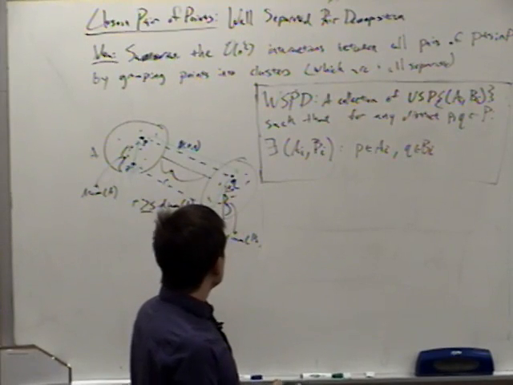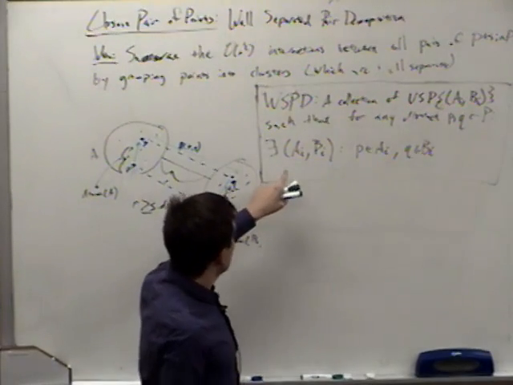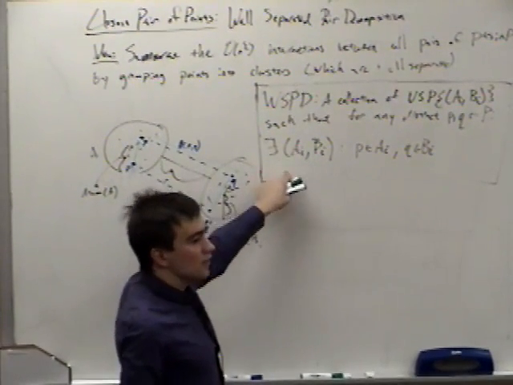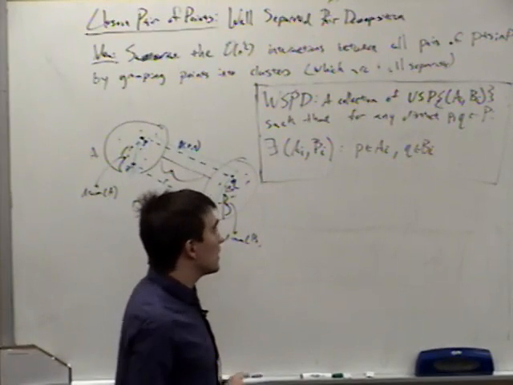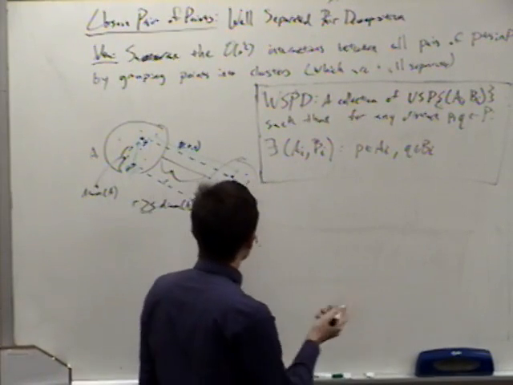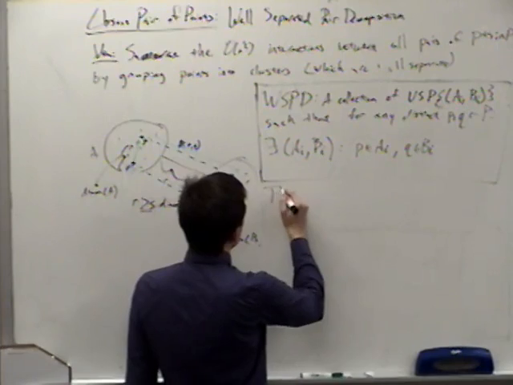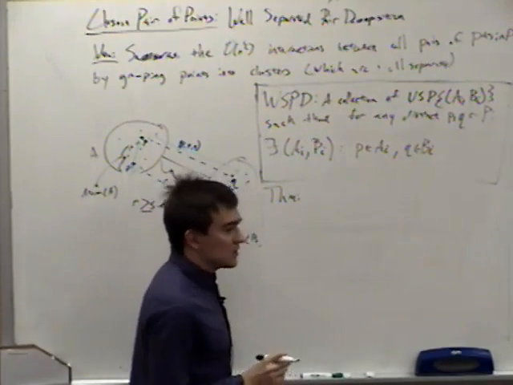Okay, so if we combine this definition with the thing that I just erased here, it tells us one important thing, which is almost an immediate consequence, about the closest pair of points.